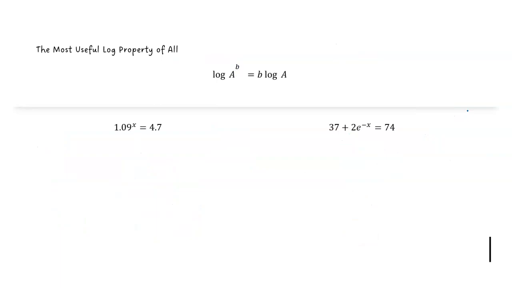All right. If I don't have a common base, and I can't make a common base easily, then I use the most useful log property of all, which is I log both sides, and then I can bring my exponent down in front. So that's a really powerful log property, and I'm going to just use one of the logs that's on my calculator, like a common log.